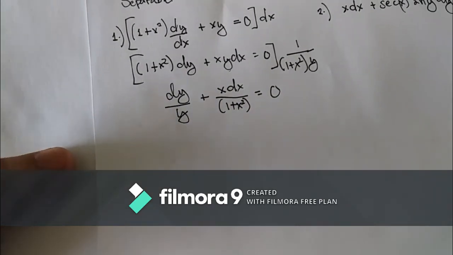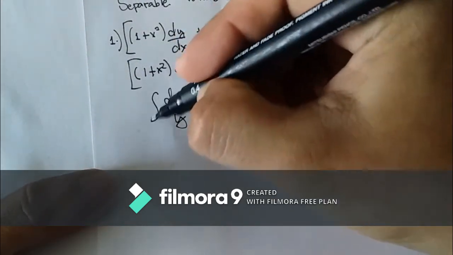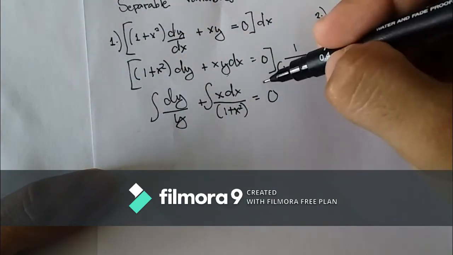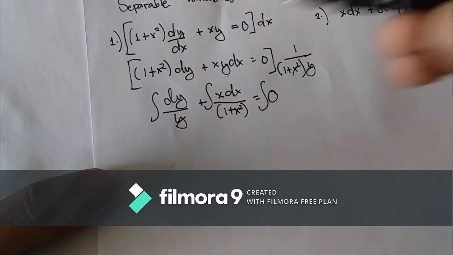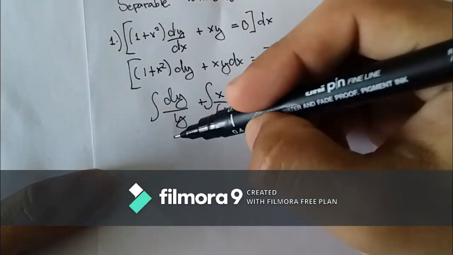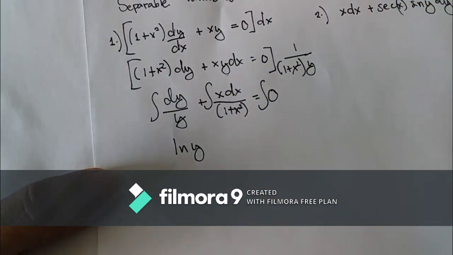That's how to find the solution to differential equations. So we'll integrate this one. We will not forget to integrate also the 0. The integral of dy over y is simply ln y. Then we have the next one.